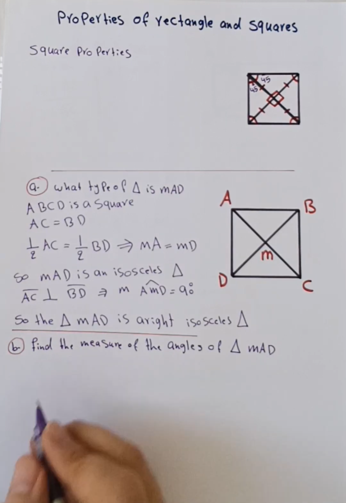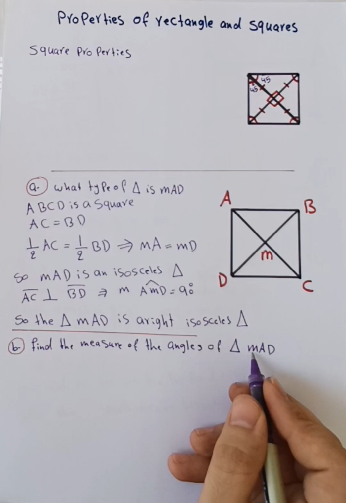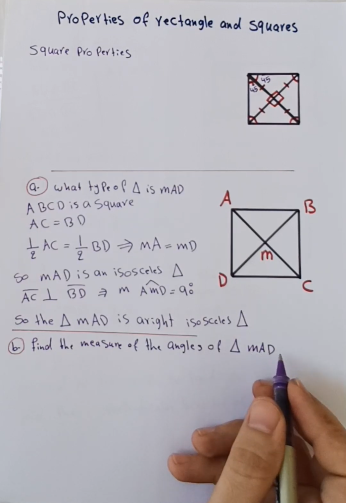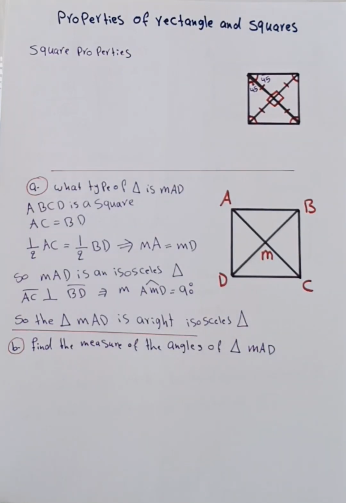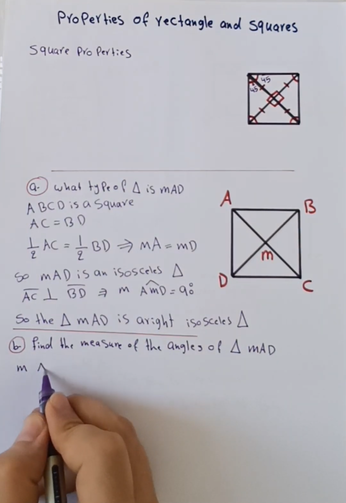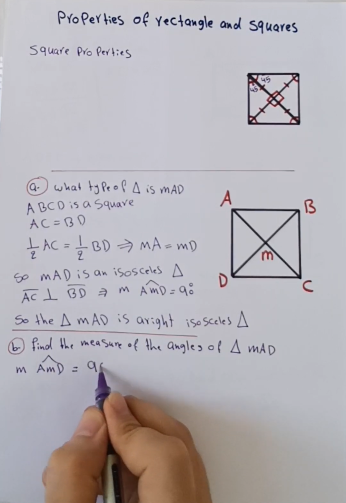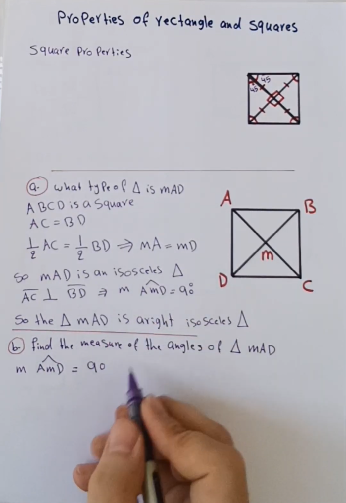And then for B, find the measure of the angles of triangle MAD. The measure of angle AMD equals 90, which we proved in the first part of this example.